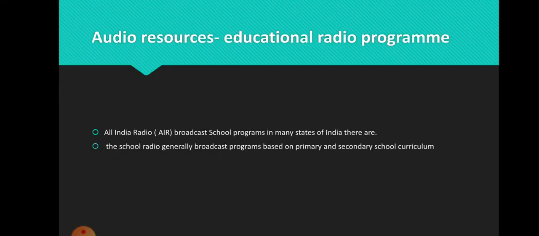Yes. Now we have to know there are also some kinds of audio resources, that is educational radio programs. We know that All India Radio, that is AIR, broadcasts a school program in many states of India. The school radio generally broadcasts programs based on primary and secondary school curriculum.